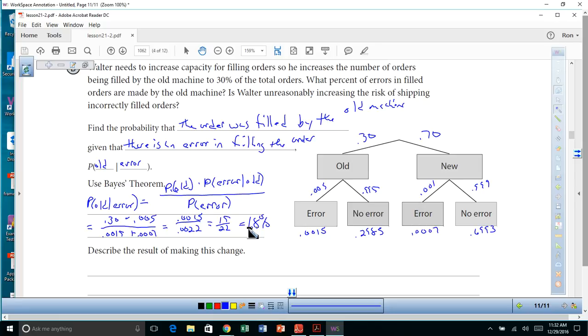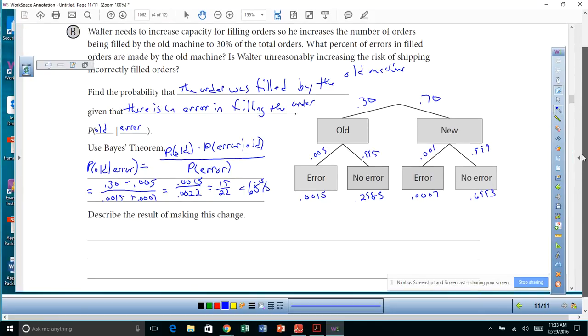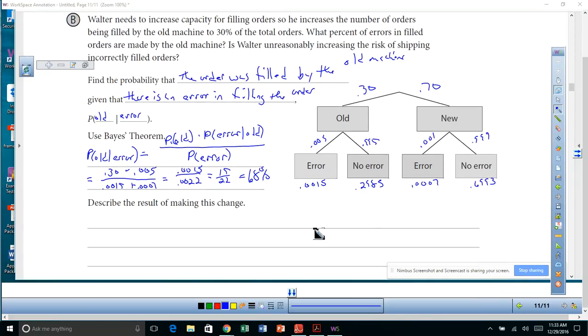All right. Describe the result of making this change.